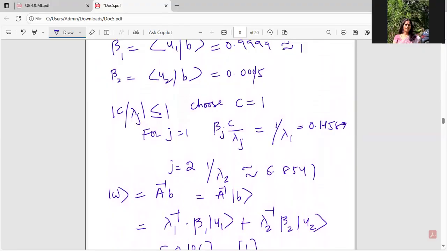This controlled rotation would give me this resultant, ket omega. This is how I'll be doing quantum linear regression, guys. Okay, thank you.